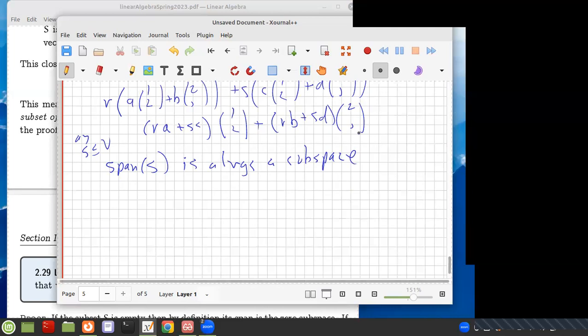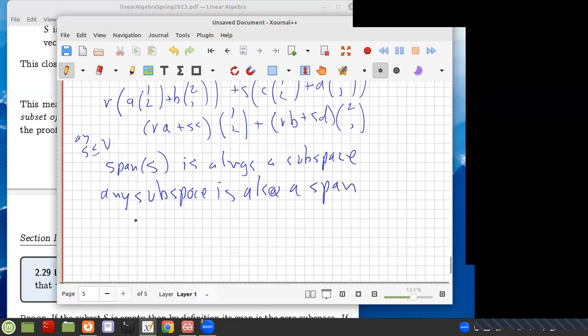So every span is a subspace of the vector space V. Now it turns out that any subspace is also a span. Why is that? Well, if I take a subspace V of W, I want to write that as a span.